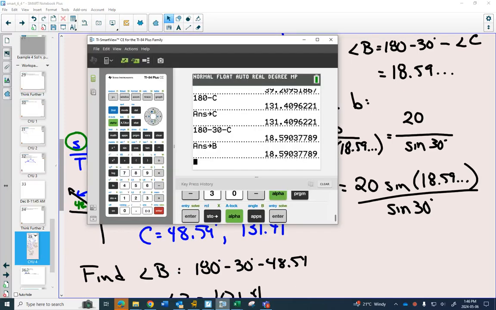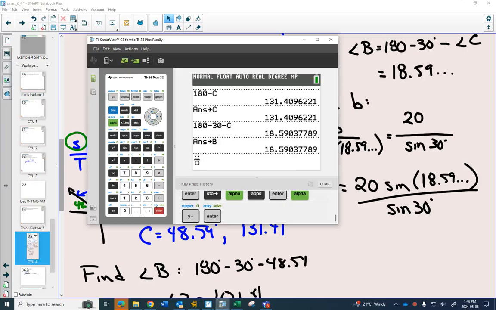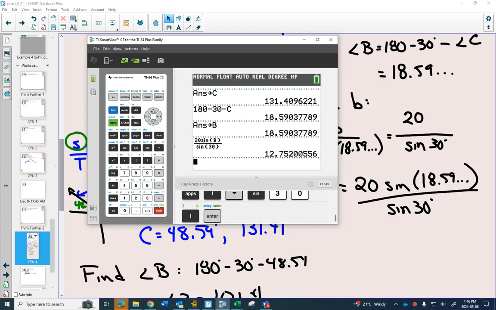Go back to my calculator, and I can go 20 times sine of that angle b divided by sine of 30. 12.8 rounded.